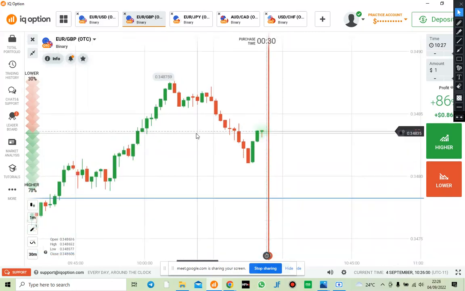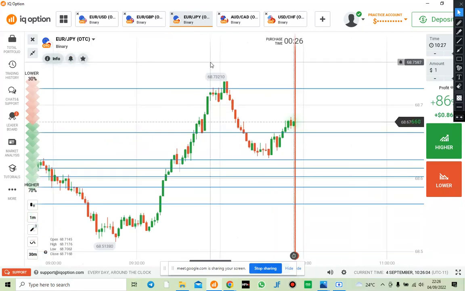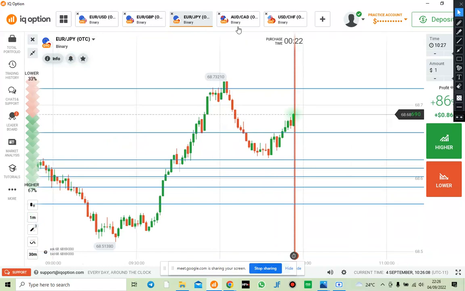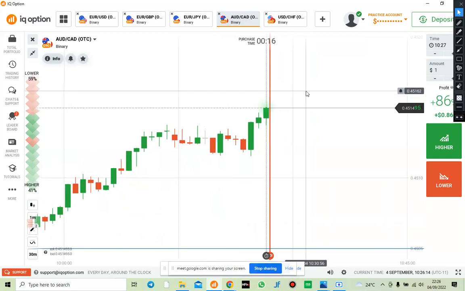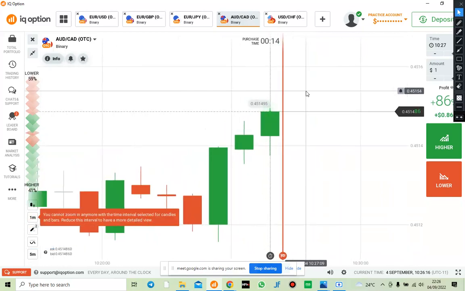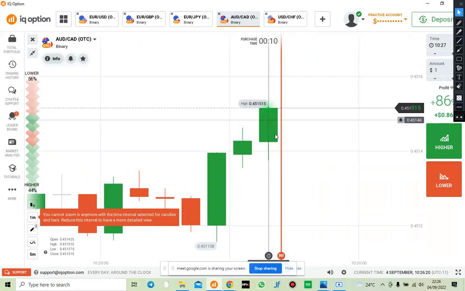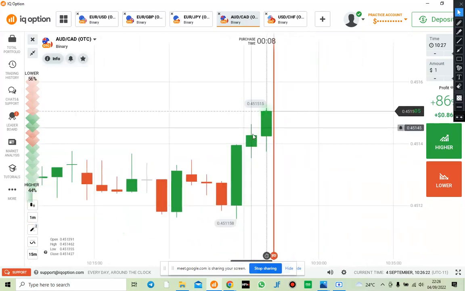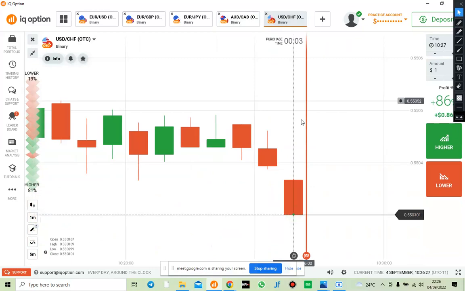Nothing here. Nothing here. If this is a red candle, the next candle is green. The next candle should be red, but this is a green candle. So I'm not sure it's going to reverse.